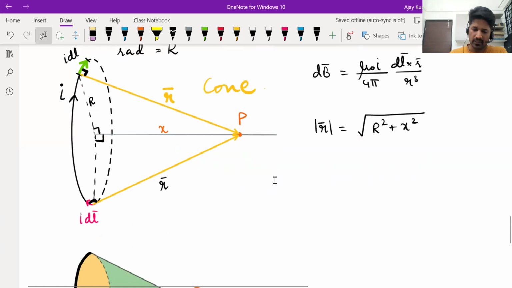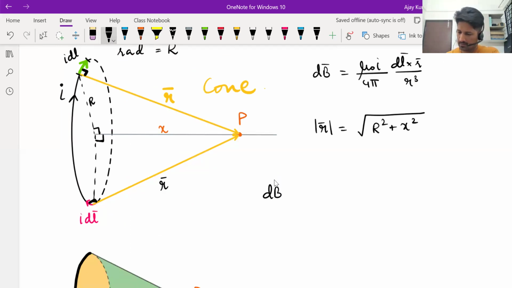So we can now write the magnitude of the magnetic field produced by one of the elements. dB will be mu naught I, all the elements have the same current, by 4 pi, dl cross r.